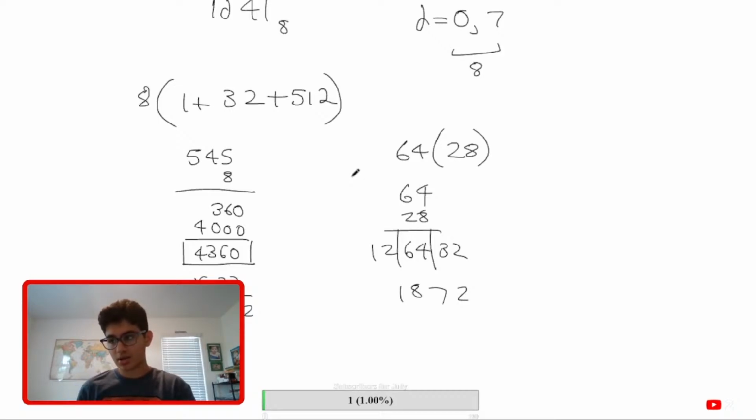The different pairs will add up to 7: 1 and 6, 2 and 5, 3 and 4. So they add up to 28. Did I multiply it wrong? That's possible too. I did 16 plus 48, which is 64 again. What have I done wrong here?